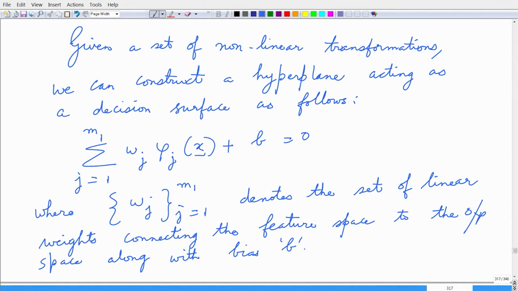Given a set of nonlinear transformations, we would like to construct a hyperplane that can act as a decision surface. I have not gotten into the idea of the kernel yet; I will discuss that when I get into Mercer's theorem.